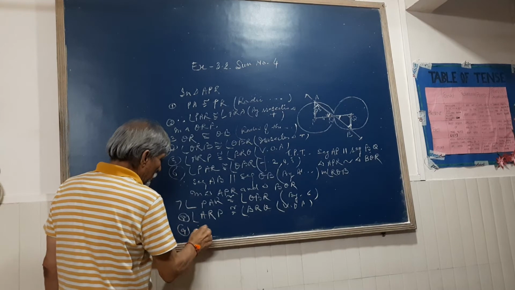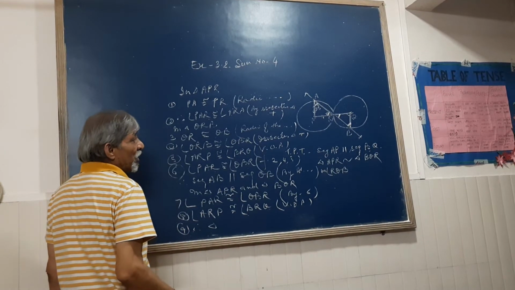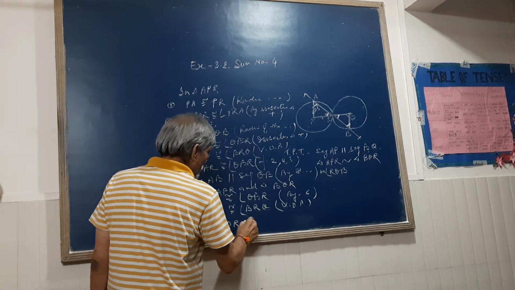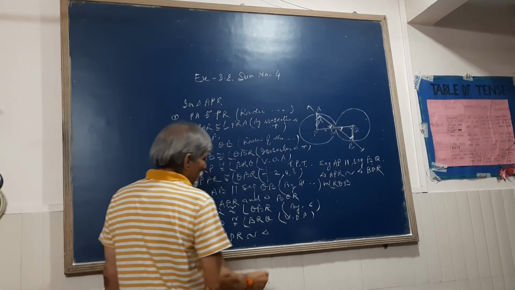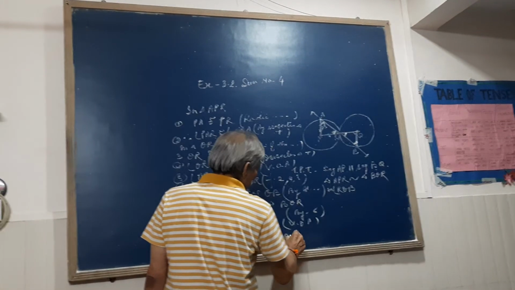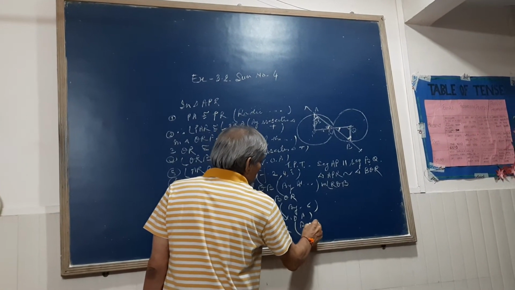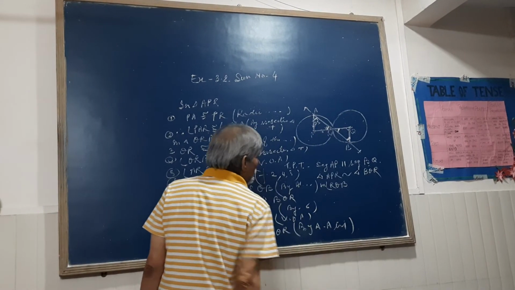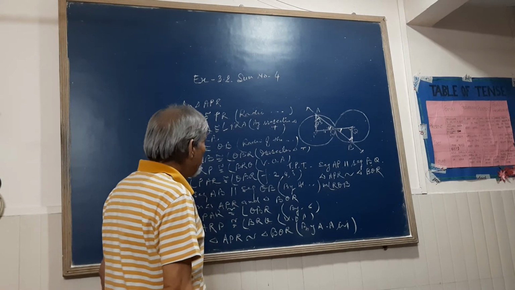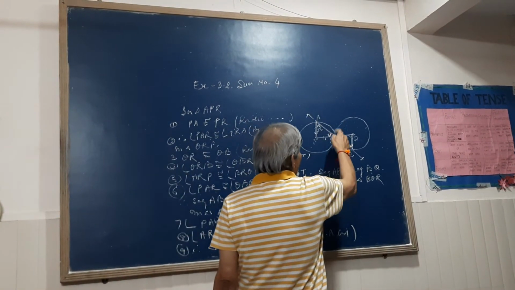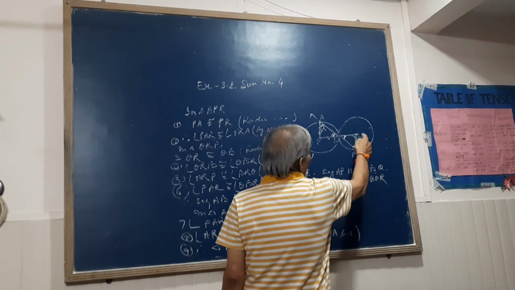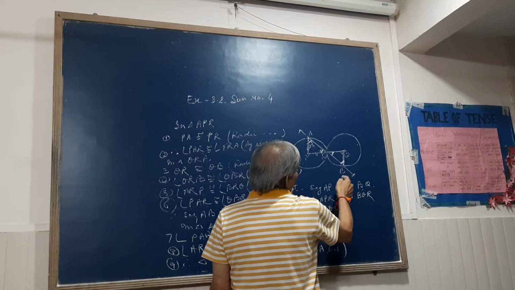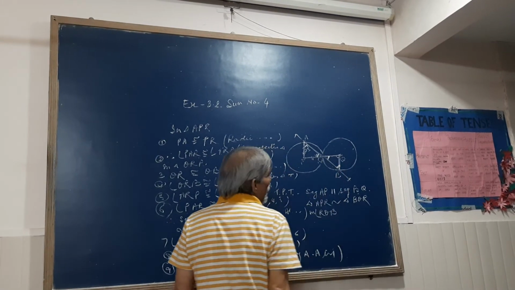Therefore, triangle APR is similar to triangle BQR by AA test. You have already proved that PAR is congruent to QBR. So you will say that measure angle QBR is how much?